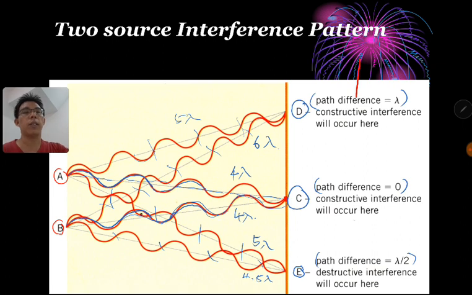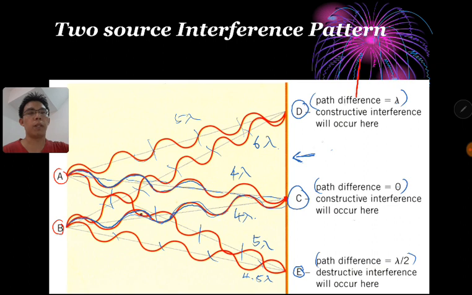Okay, so next, the next thing that I want you to think about is, at this point here, somewhere in between the C and D, what do you think is the path difference? C is 0, D is lambda, 1 wavelength. In between here, logically, it should be increasing from 0 to wavelength, right?